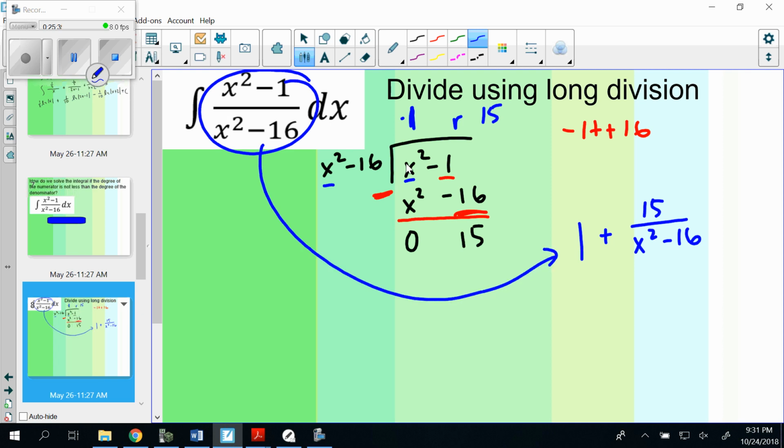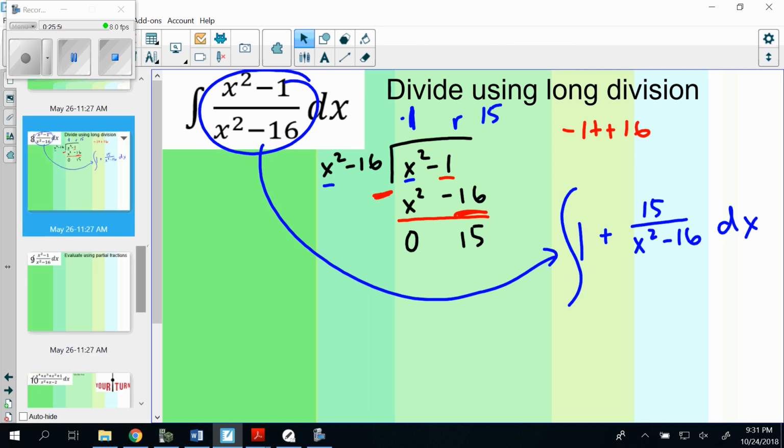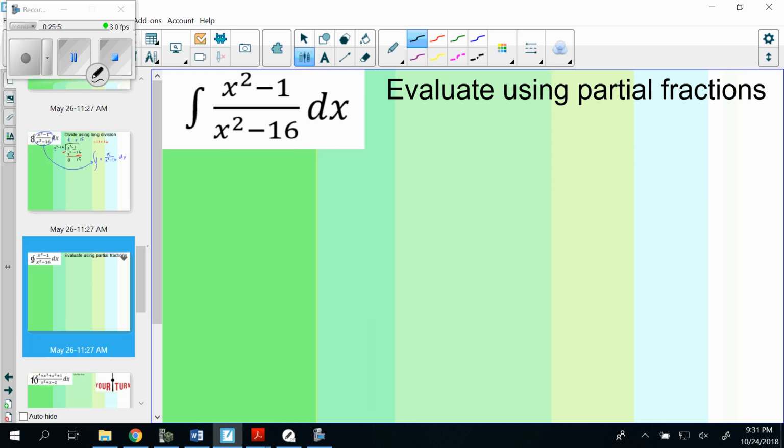And so what our integral is going to become is the integral of this, since that's equivalent to what we started with. We know these are equal to each other now: 1 plus our remainder, 15 over our denominator.